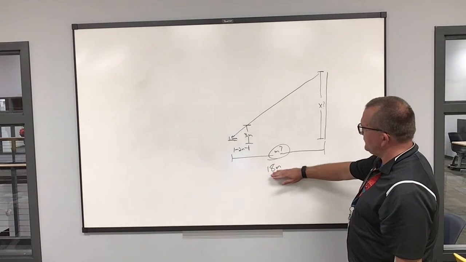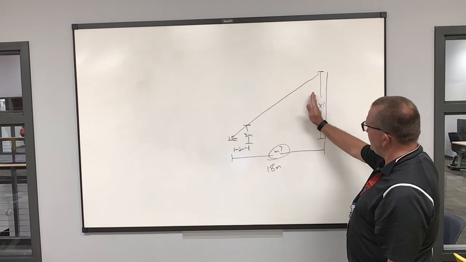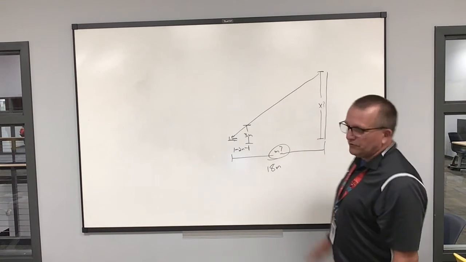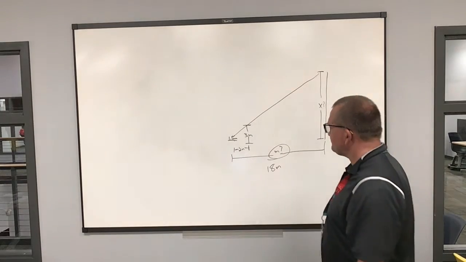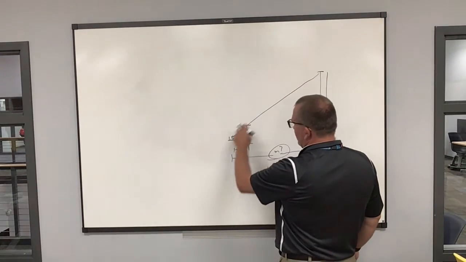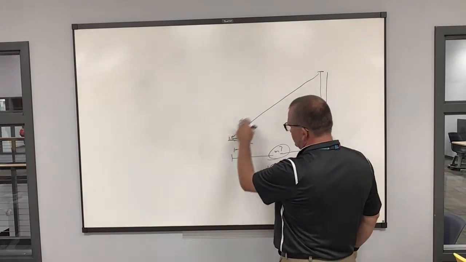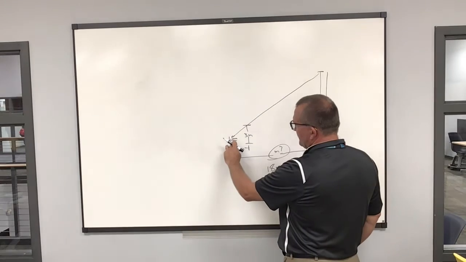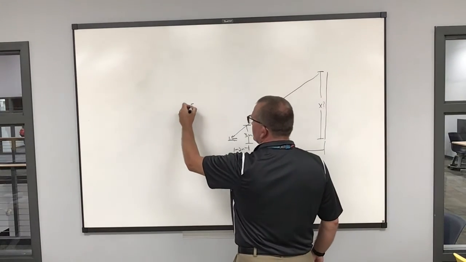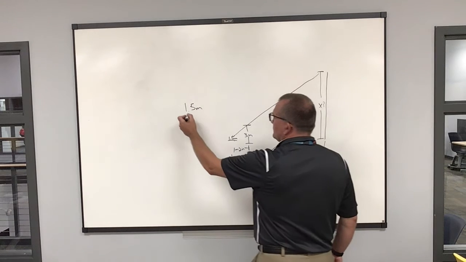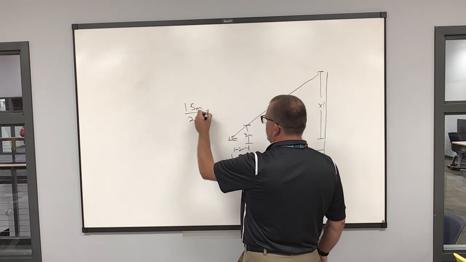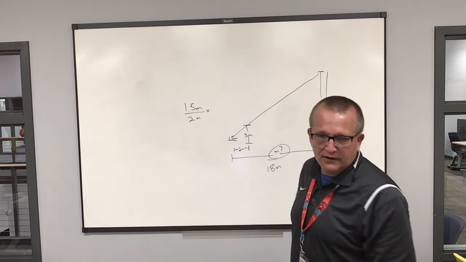So we know this, and we know that we're trying to find this, okay? So the big thing is we want to use a quick ratio. We know that to block out this, to see the angle here, we have 1.5 meters over 2 meters, which is our distance between us.